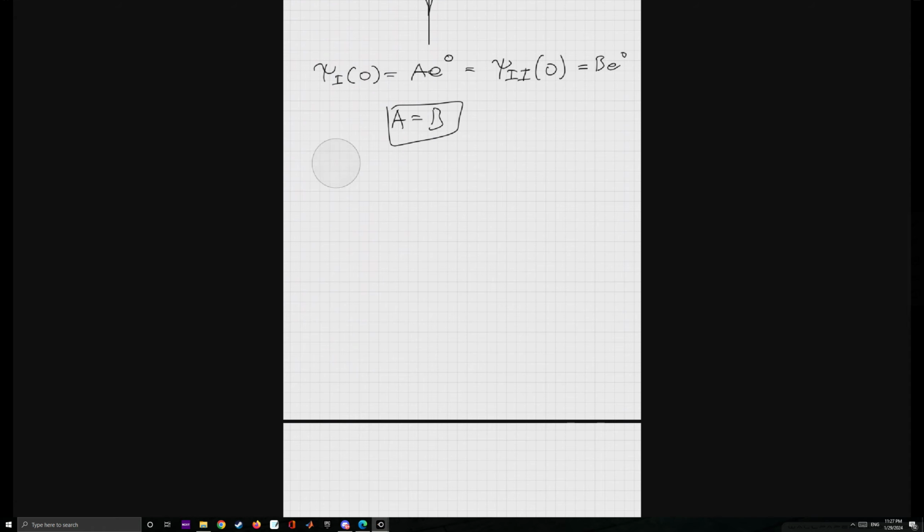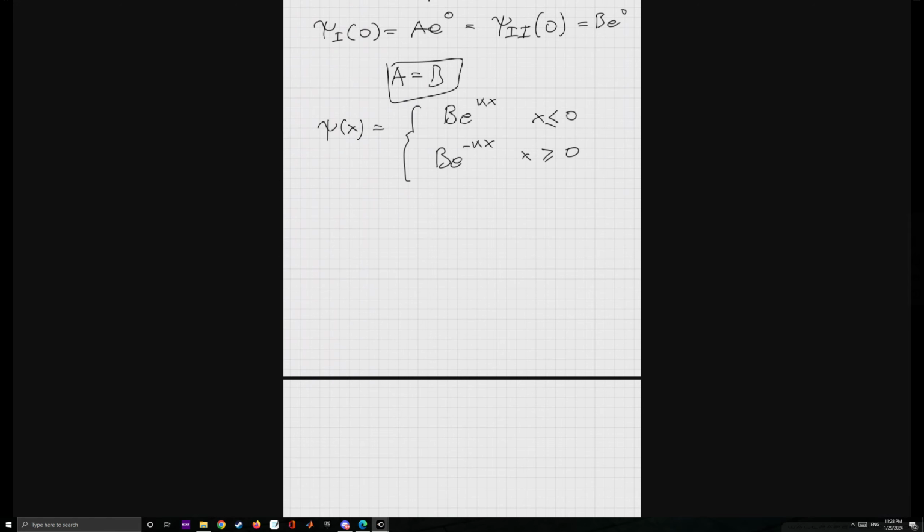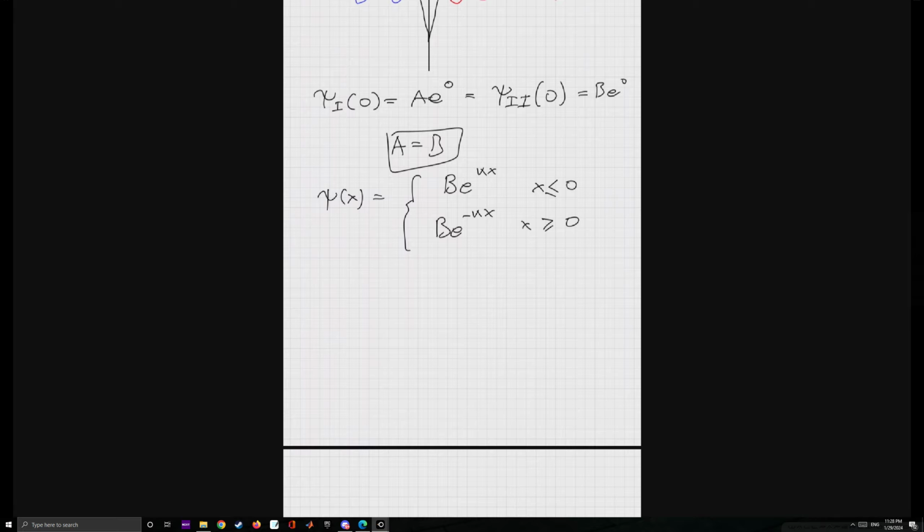So we can say psi of x equals b e to the kx for x smaller than 0, and b e to the negative kx for x greater than 0. And we can put the equal sign because they are continuous, they're defined at 0. So this is what we have, and we could equivalently just choose a. I just chose b. It doesn't really matter.